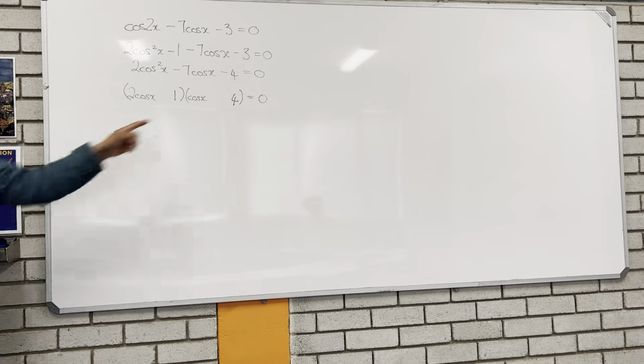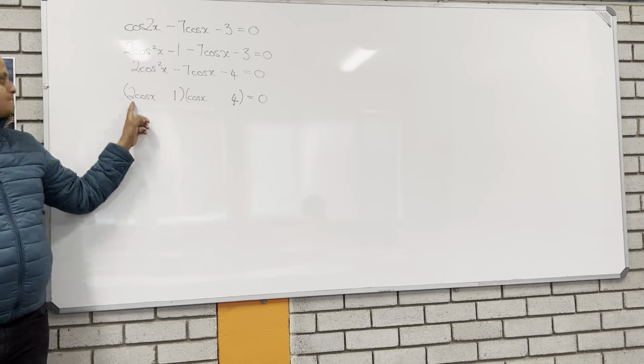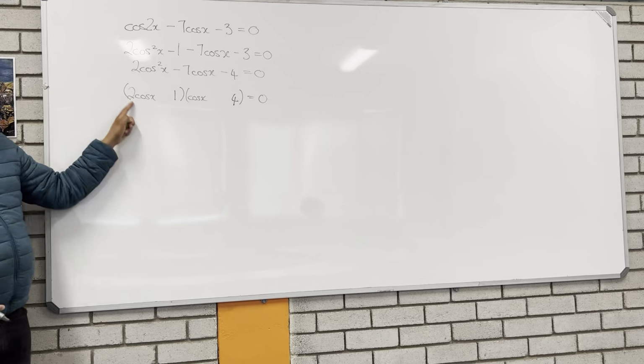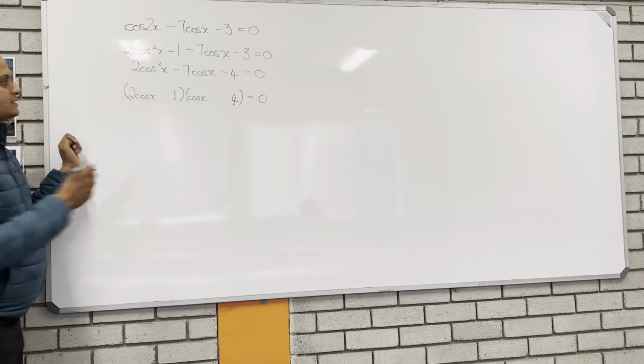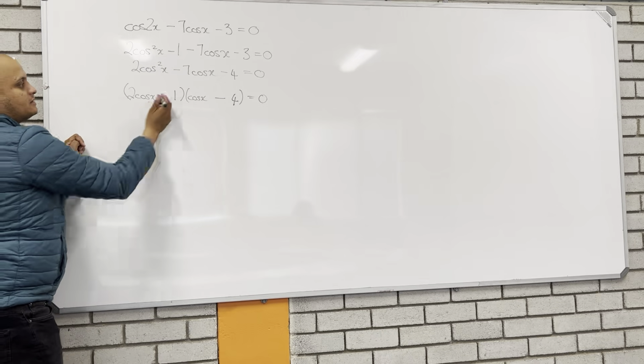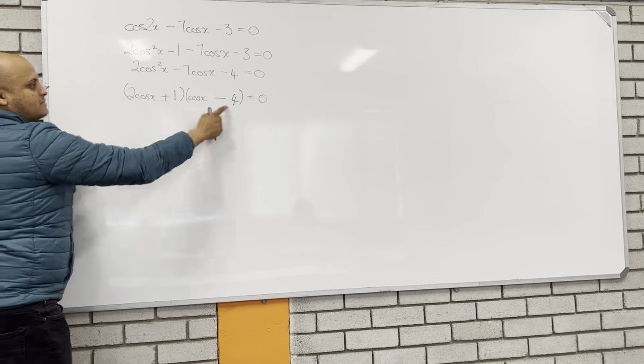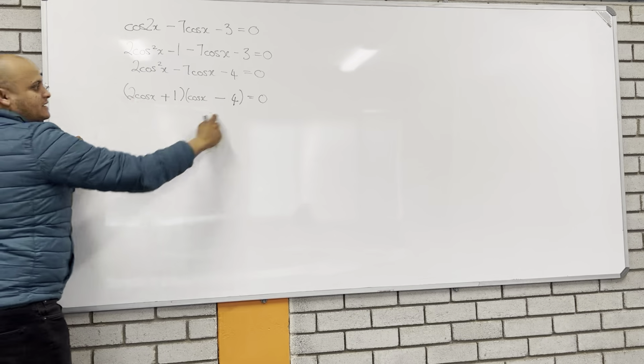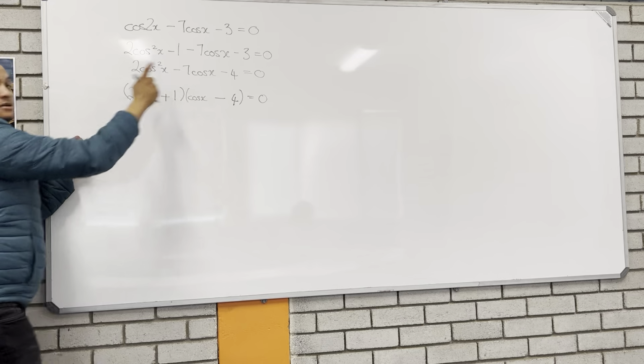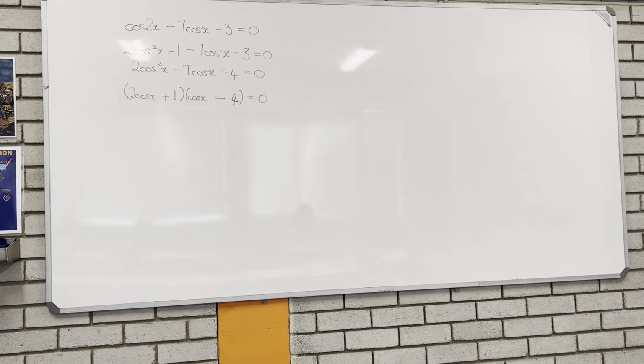Negative 8 on the other side. That's going to be negative 8 cos x, right? So if I put my negative there, my plus 1 there, that times that gives me a negative 4, but negative 8 cos x plus 1 cos x gives me the minus 7 cos x. That's where we want to go, right?